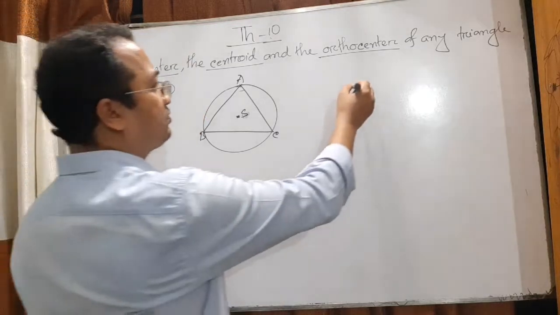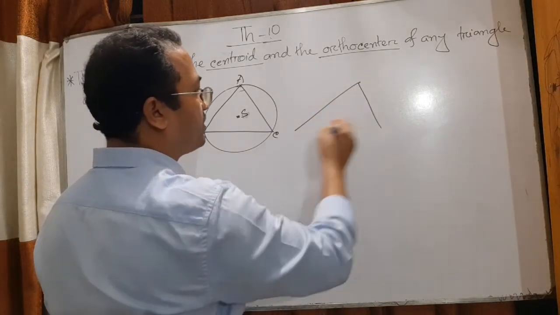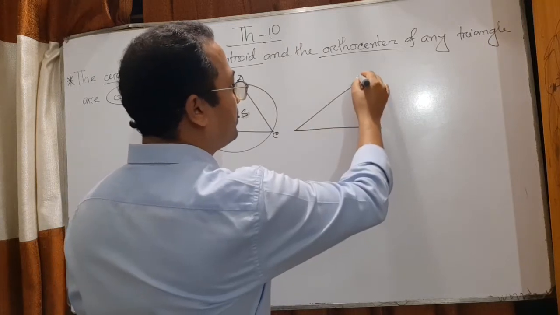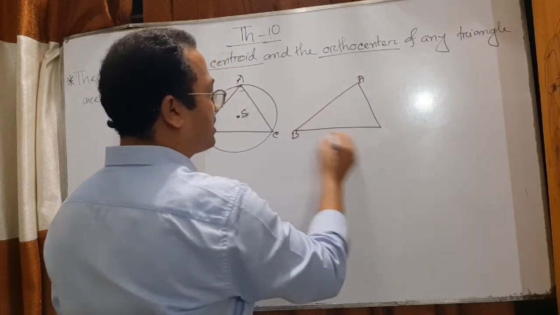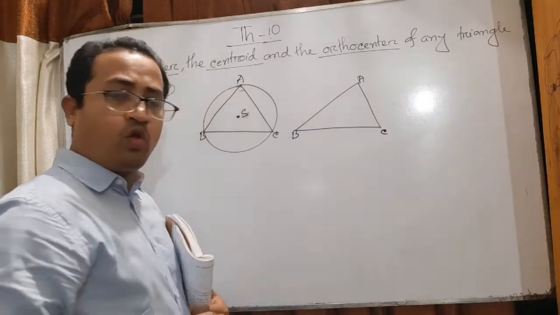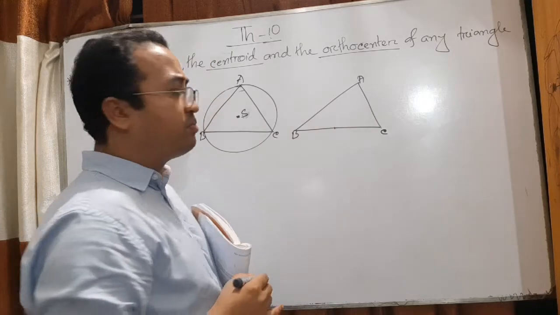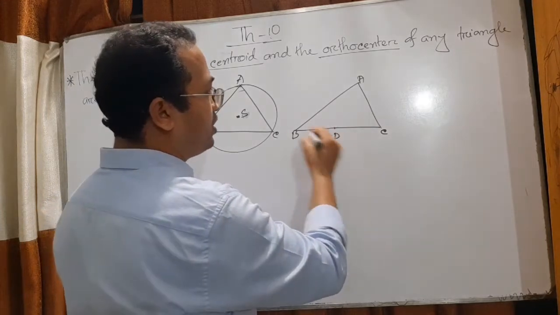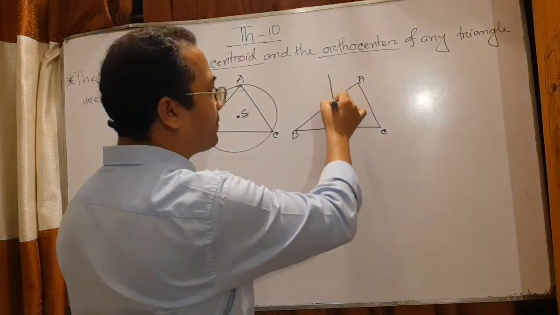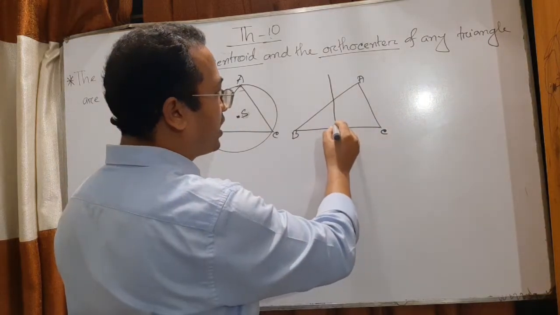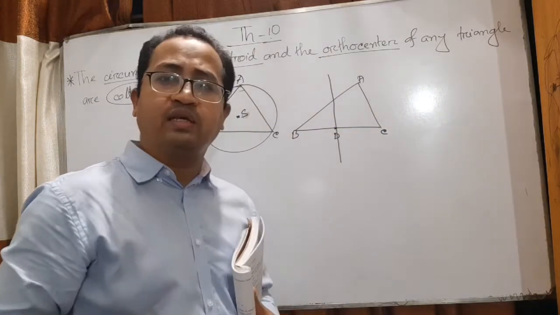You can determine it by another process. Look, this is a triangle ABC. Now take the midpoint of the line BC, midpoint D. Draw a perpendicular at the midpoint of the line BC.